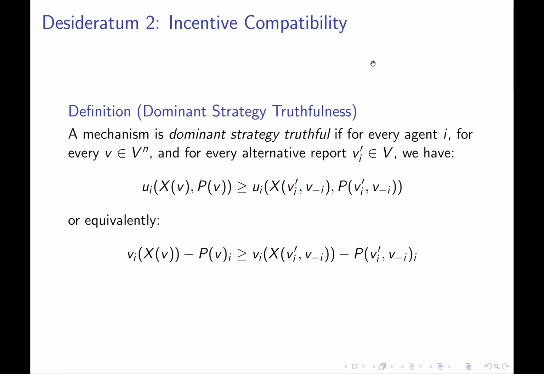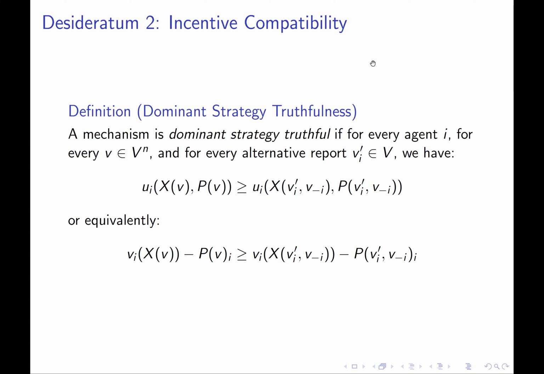And so dominant strategy truthfulness simply asks that nobody should have any incentive ever, no matter what, to misreport their valuation function. That in the game induced by our mechanism, truthfully reporting your valuation function should be a dominant strategy, right?